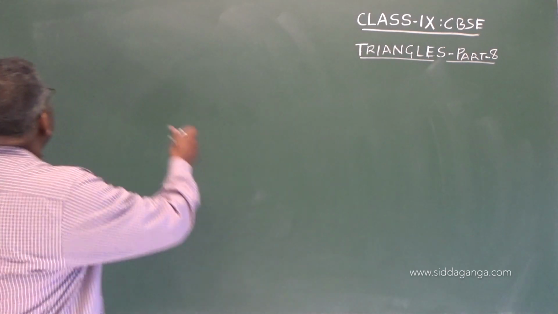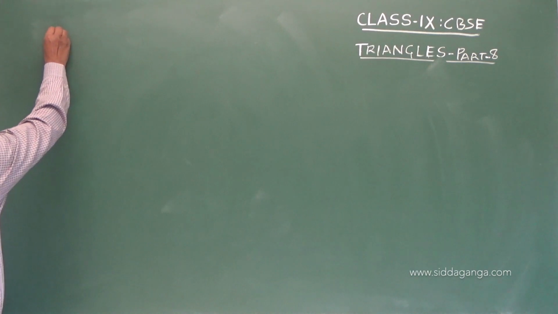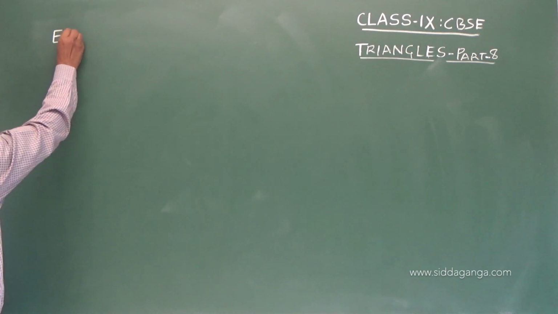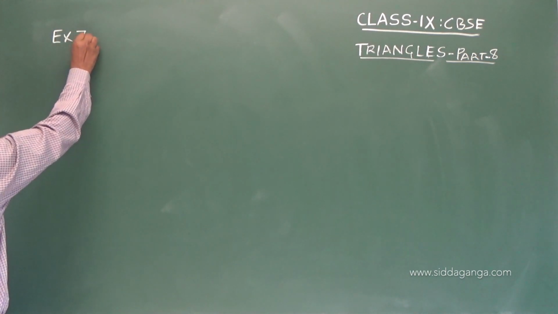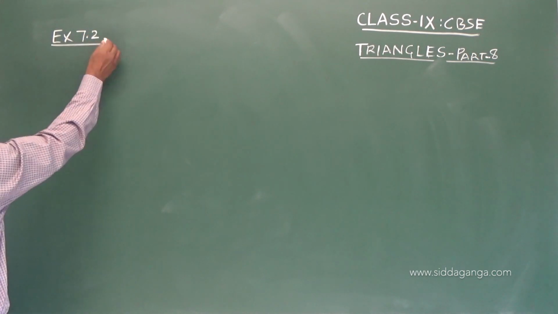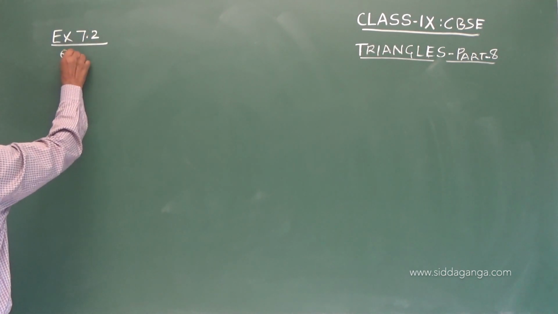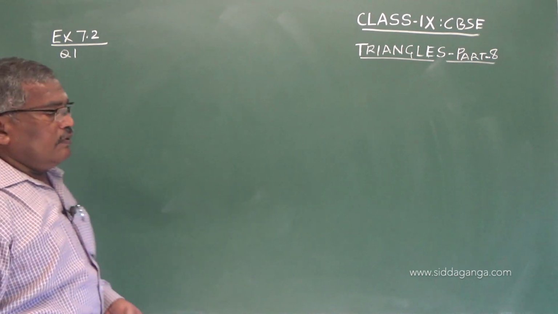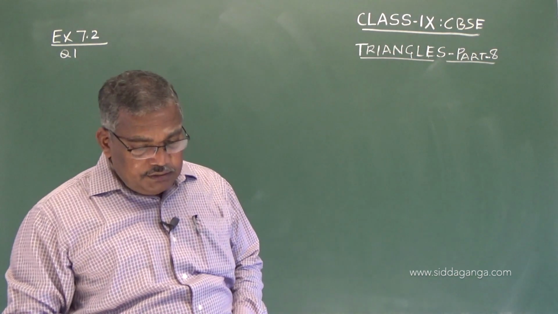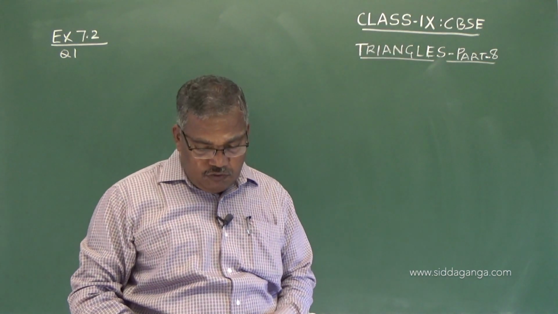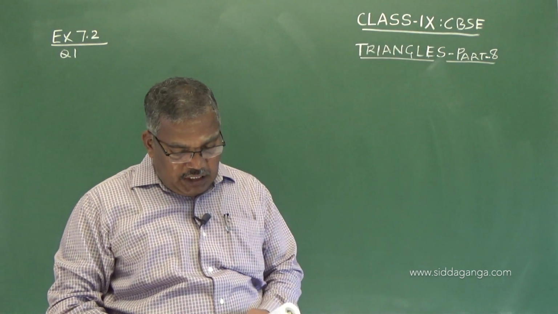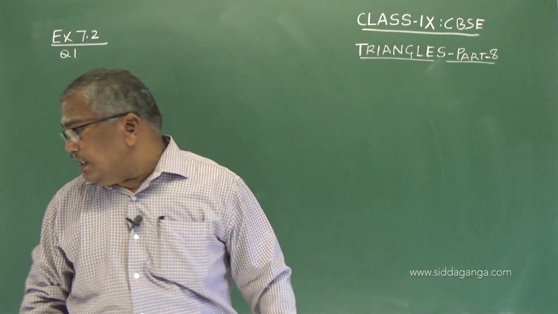Now we will move on to exercise 7.2, question number 1. So it is there on page 123. Please open your textbook. In an isosceles triangle ABC.